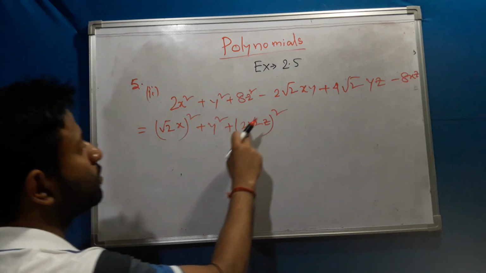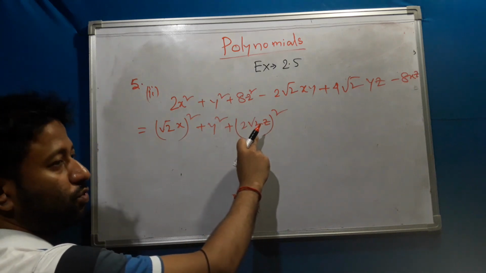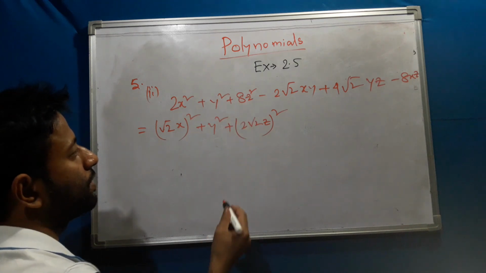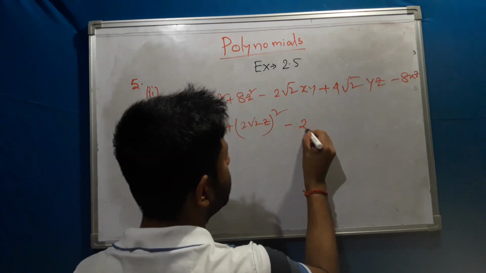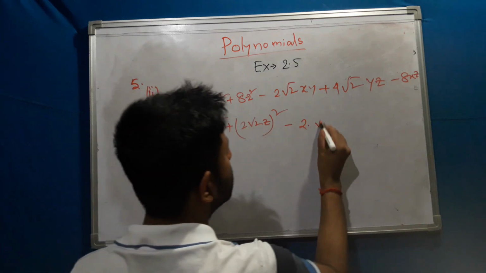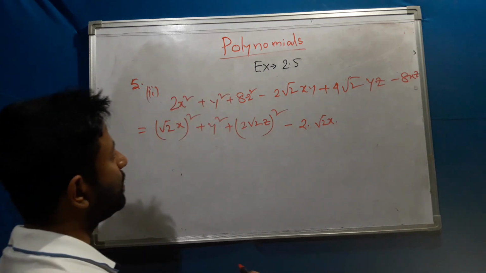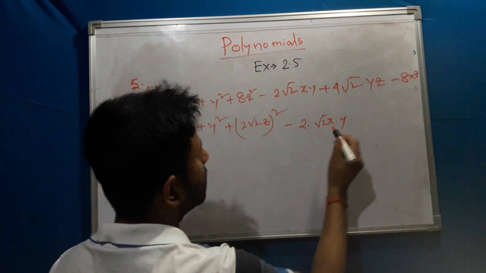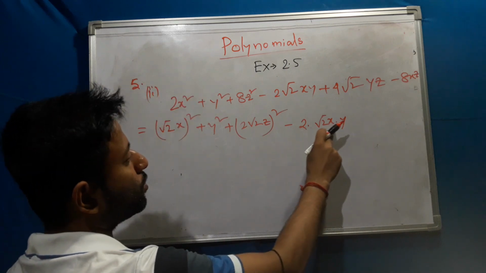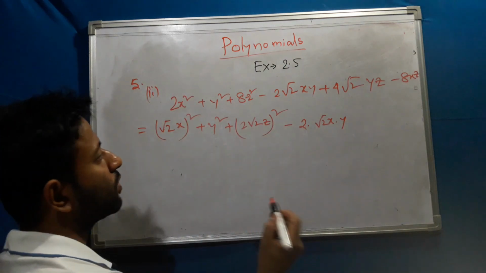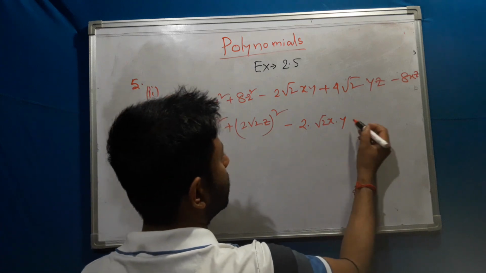So you see 2 square means 4 and root 2 square means 2, so it will become exactly 8. Now you arrange this one. 2 into a means root 2 into x, and b means y. So now it is coming 2 root 2 xy. Okay, exactly the same.